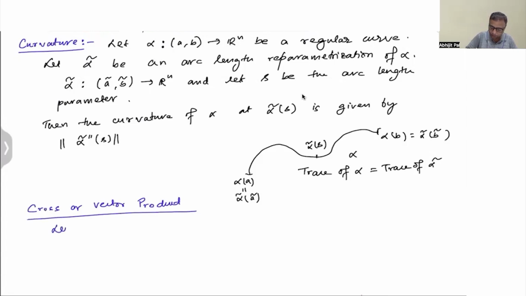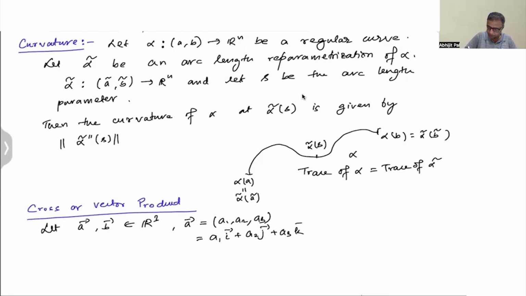Let us take two vectors, A bar and B bar in R3. So this A bar, you can write in terms of its coordinates as follows. A bar is (A1, A2, A3), which has another representation, A1 I bar, A2 J bar, A3 K bar.